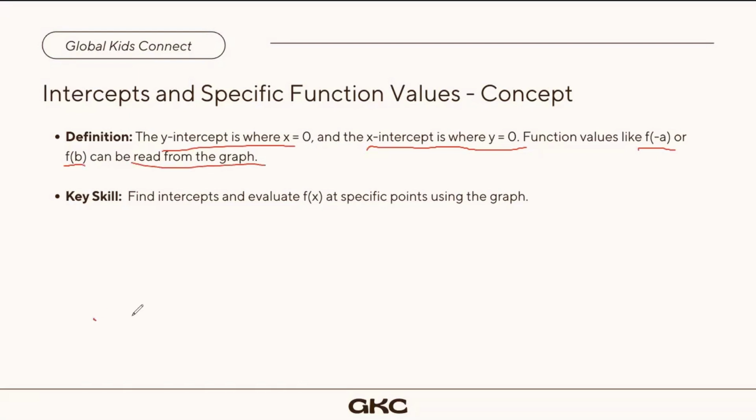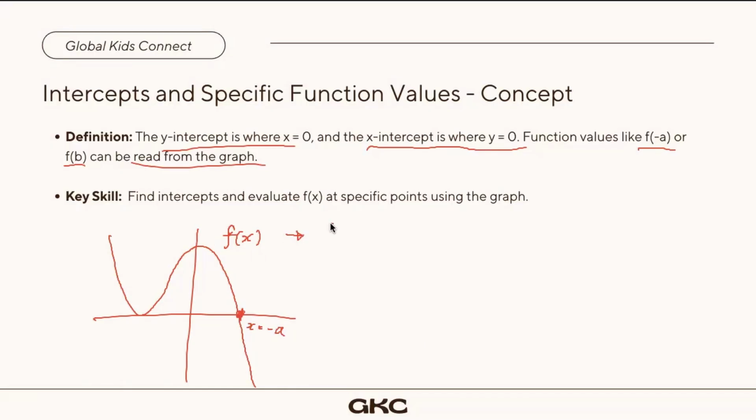What this means is that if we are given a graph like before, and it is said that this graph is written as f of x, then if there is a point where the x value is equal to -a, we can write f of -a is equal to the y value at that point.